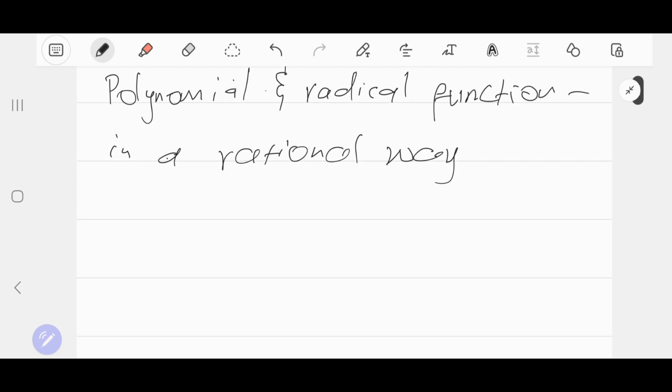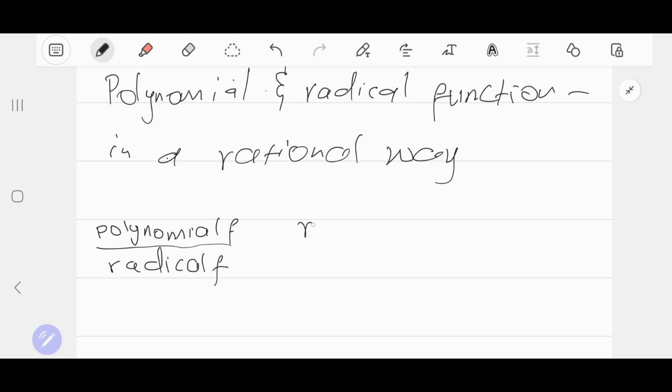So when I say it's in a rational way, in this case, you can have a polynomial function at the top, and then here you have a radical function.